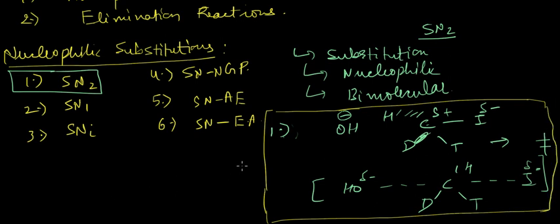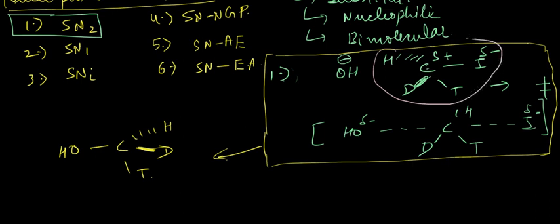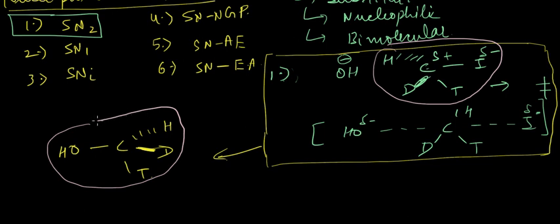So after the product forms, we have OH, and H is inverted, D is inverted, and T is inverted. Initially the product was like this, and now the product is like this, mainly because of the inversion.